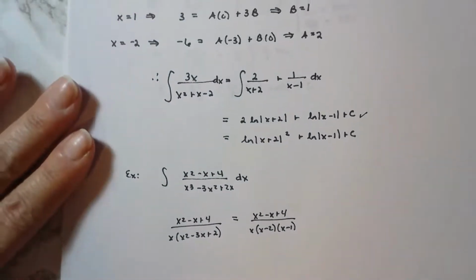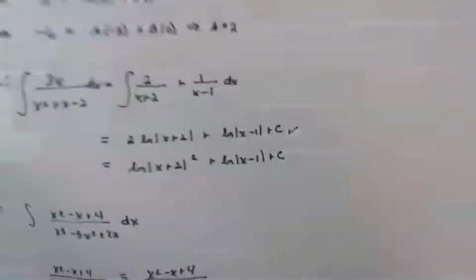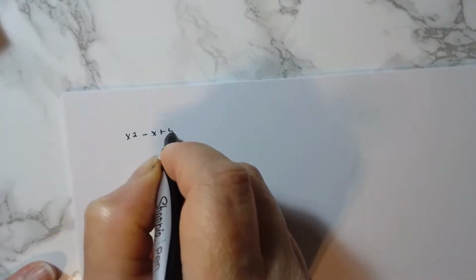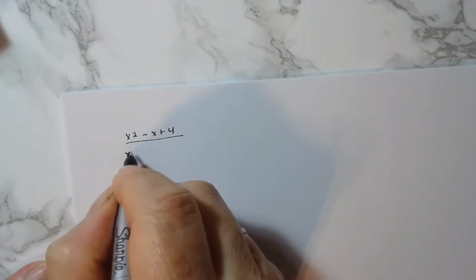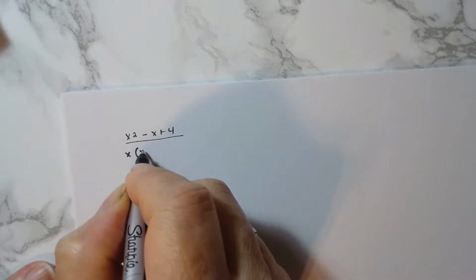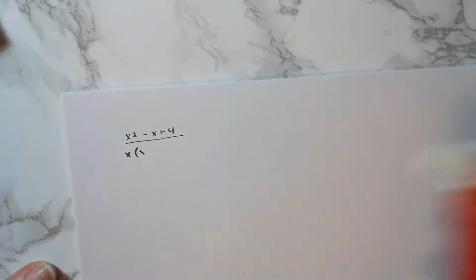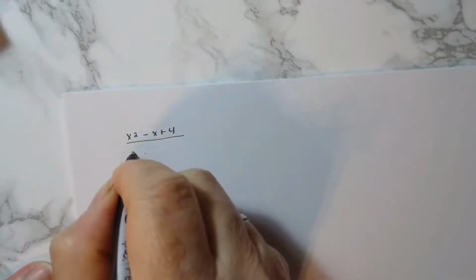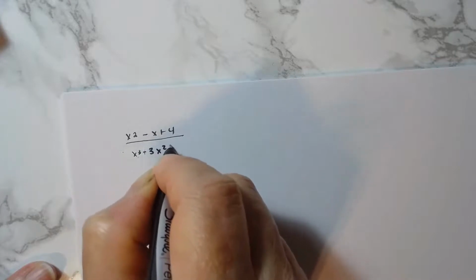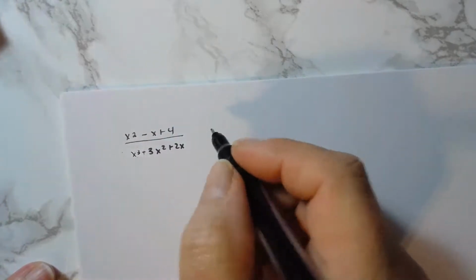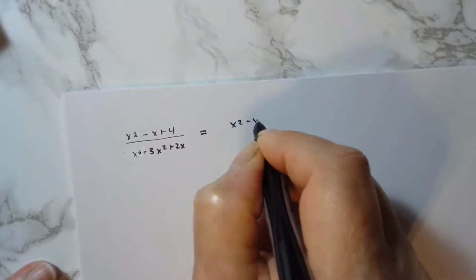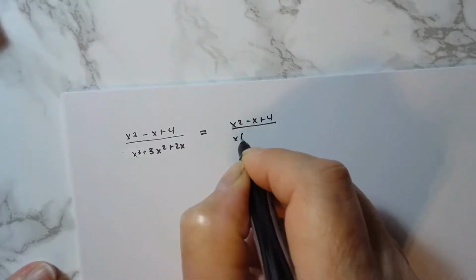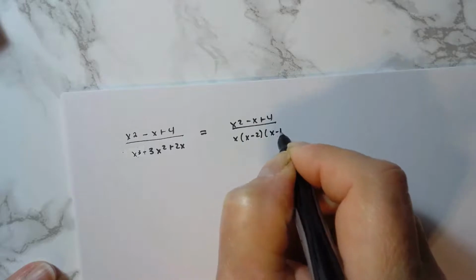And so I'm going to need another piece of paper. Let me just rewrite this back down. So we have x squared minus x plus 4 over x cubed minus 3x squared plus 2x, which can be rewritten as x squared minus x plus 4 over x times x minus 2 times x minus 1, right?